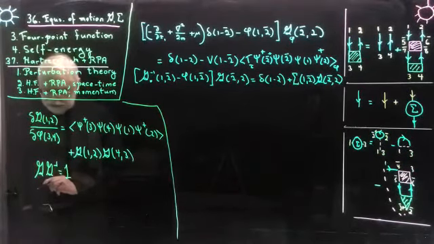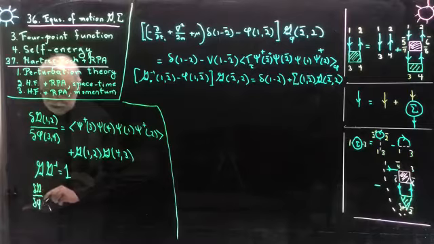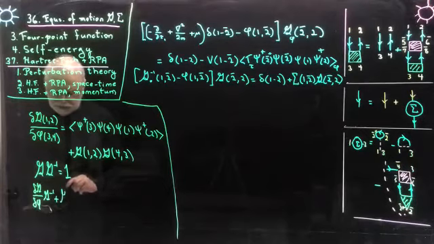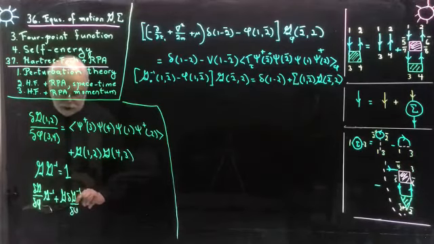So it means that delta G delta phi times G minus 1 plus G times delta G minus 1 delta phi is equal to 0.